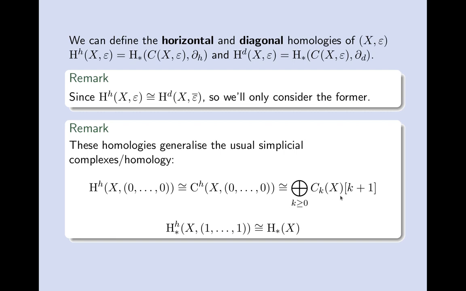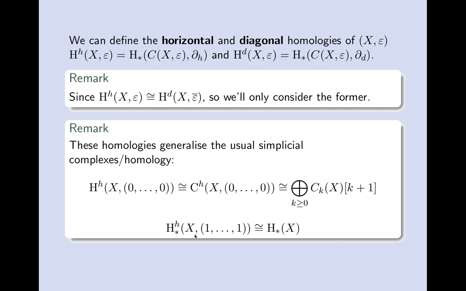This is a bigraded complex, while the simplicial one is just singly graded, and we need to input the number of white vertices in each simplex, which is clearly k plus 1 for a k-simplex. So we obtain a complex which is diagonal and has no differential. If we forget the filtration degree, or the coloring degree, we get the usual simplicial chain complex for X.